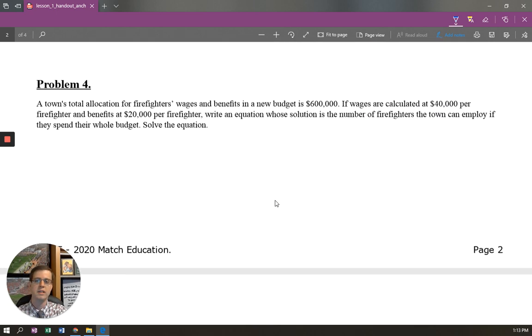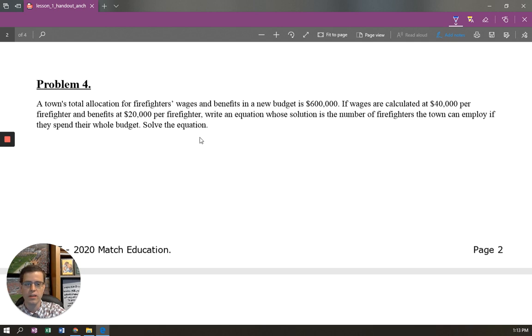And our last question, a town's total allocation for firefighters' wages and benefits in a new budget is $600,000. If wages are calculated at $40,000 per firefighter and benefits at $20,000 per firefighter, write an equation whose solution is the number of firefighters the town can employ if they spend their whole budget. Solve the equation.